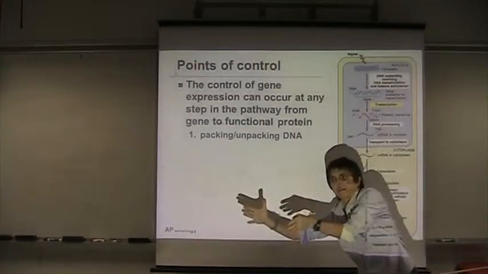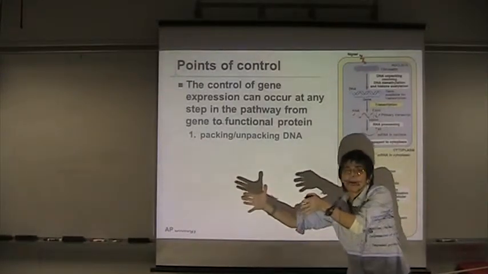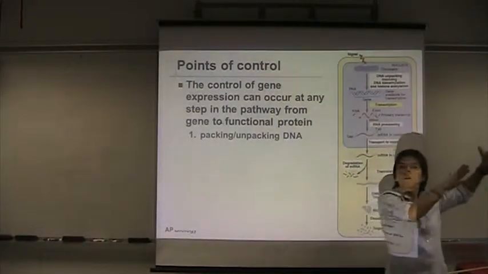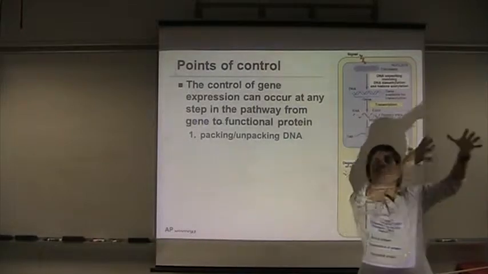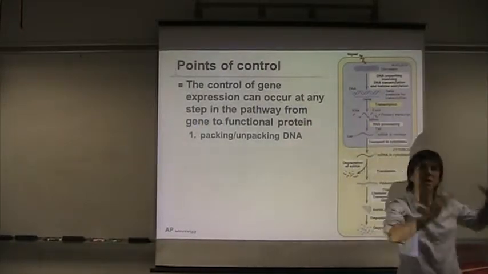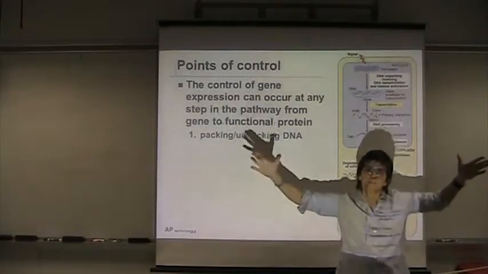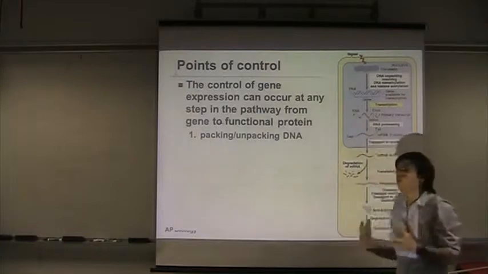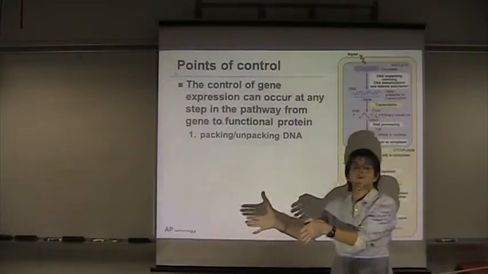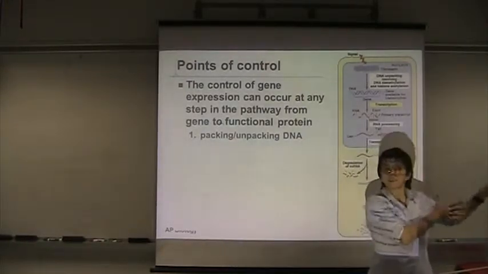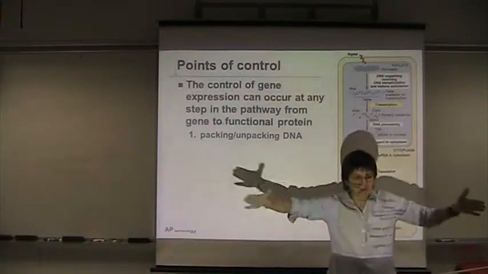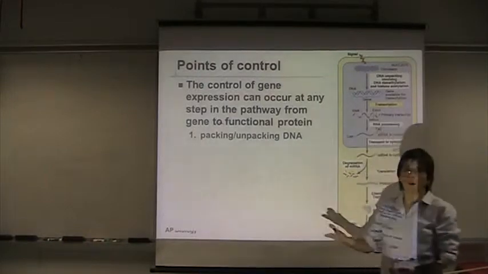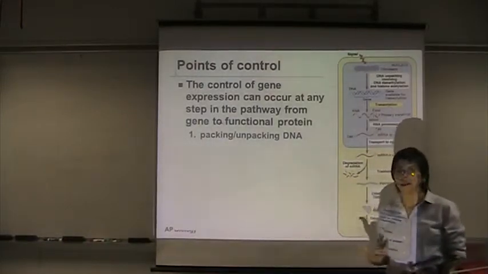So from transcription, or even before transcription, from the moment that the DNA is wrapped around histones, all the way until a protein is produced and functional, and that's important, functional to do its job, there are many places where you can stop the process. So gene regulation does not have to happen at the DNA level, or does not have to happen at the very end. It can happen in a huge number of places.